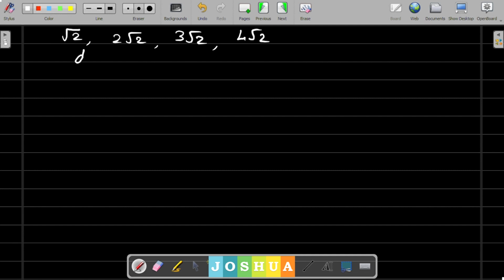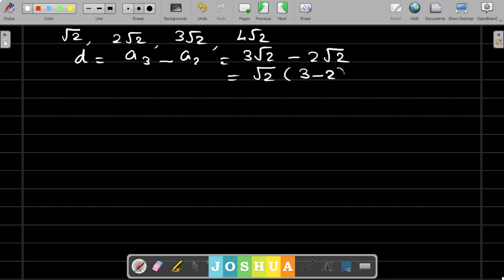The difference between the third term and the second term: a3 minus a2. The third term is 3 root 2 minus the second term 2 root 2. As usual, take root 2 common. It becomes 3 minus 2, that is root 2 into 1, which equals square root of 2. Now the next difference: d is equal to a4 minus a3.